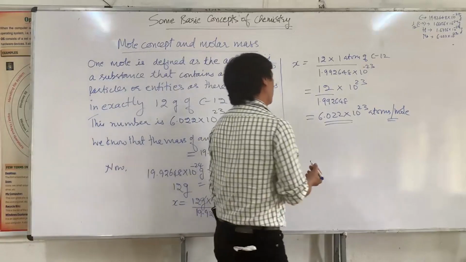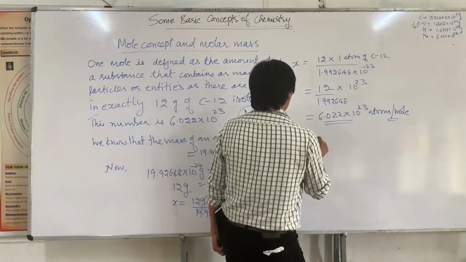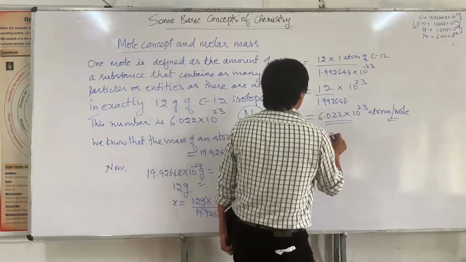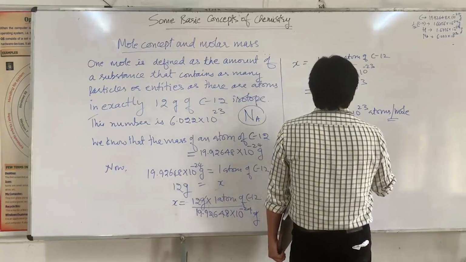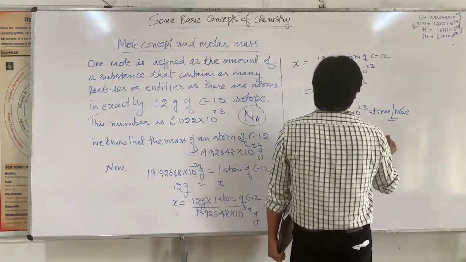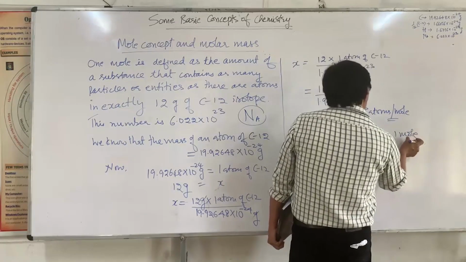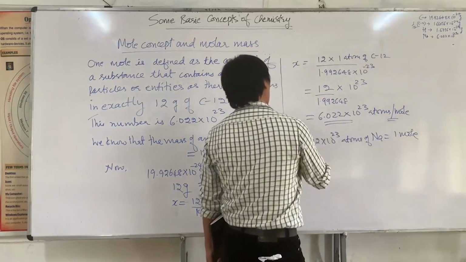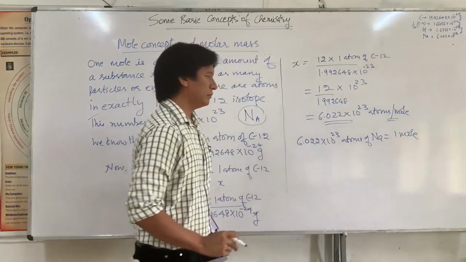Suppose you have 6.022 × 10^23 atoms of sodium. This is 1 mole, or 1 mole of sodium will have 6.022 × 10^23 atoms of sodium.